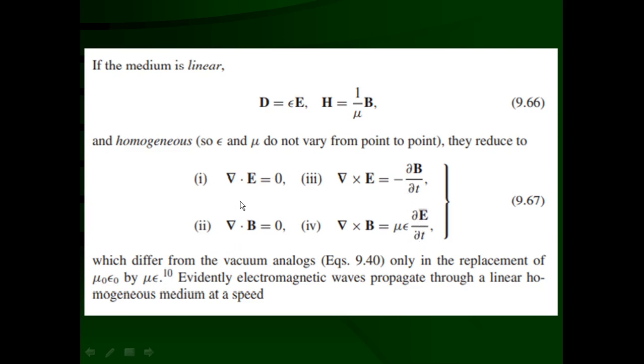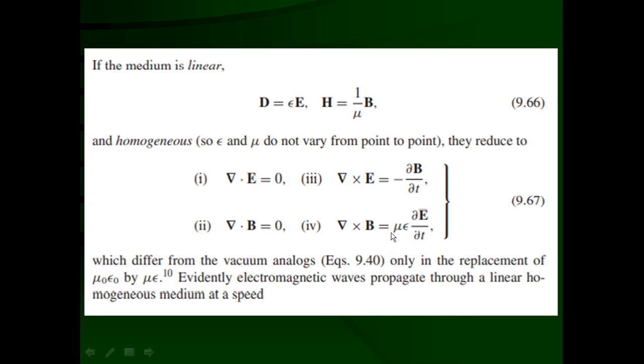So the equations are identical for the electric field and magnetic field in a linear homogeneous medium, because in a homogeneous medium mu and epsilon do not vary from point to point. Hence the equations we have seen previously reduce to equation 9.67, which differs from the vacuum analogue only in the replacement of mu 0 epsilon 0 by mu epsilon.